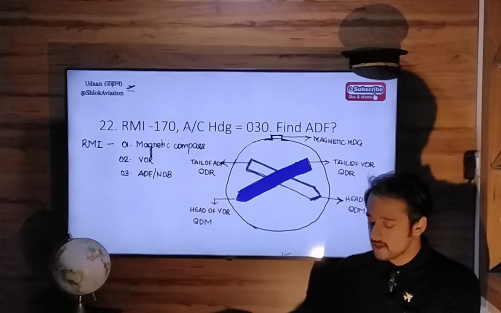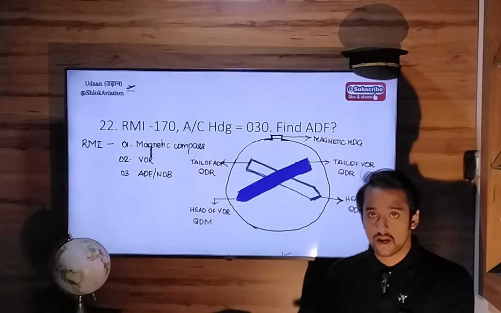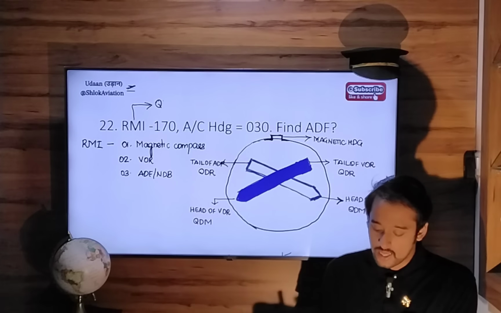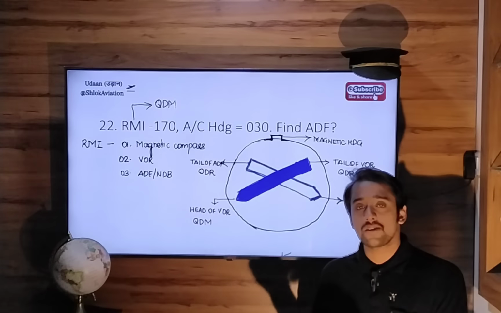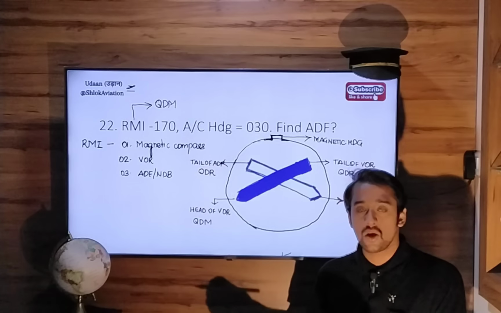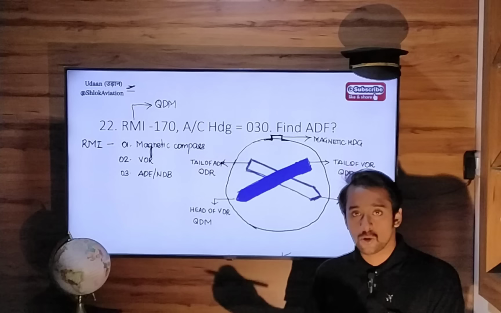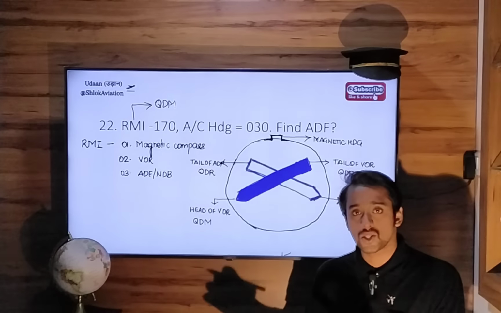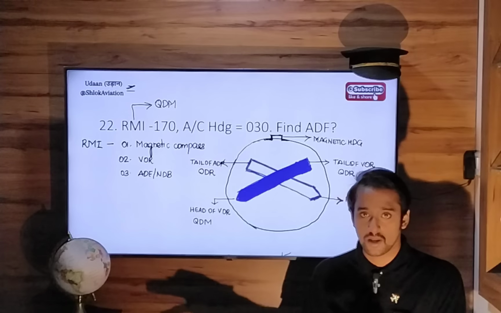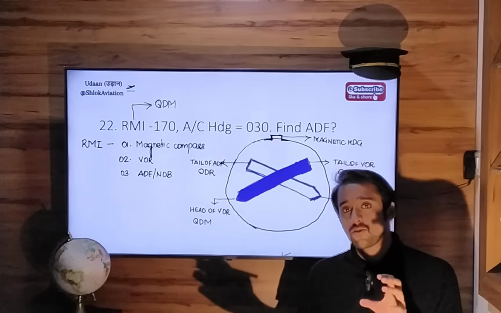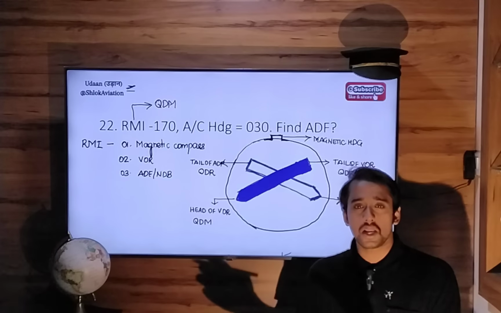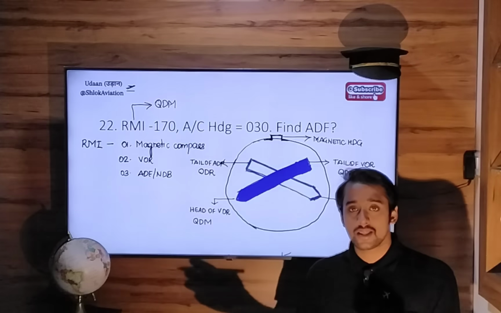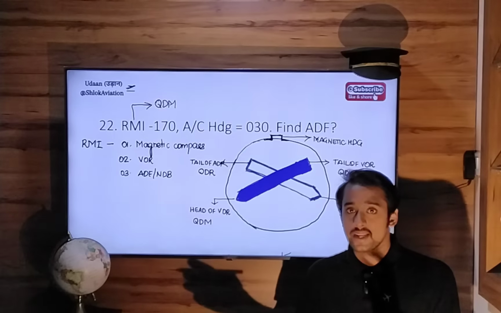Okay, so this is the information given by RMI. Next, RMI only deals with QDM. So that means this instrument will directly give you the information of magnetic bearing that you're supposed to fly to go towards your station. Only a simple relative bearing indicator will give you the relative bearing, the angular difference between your aircraft heading and the track.